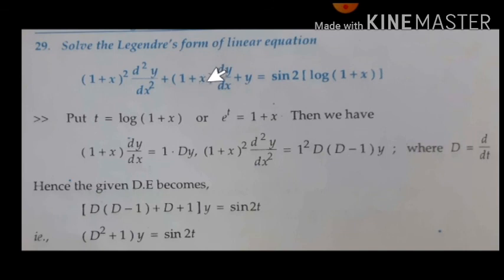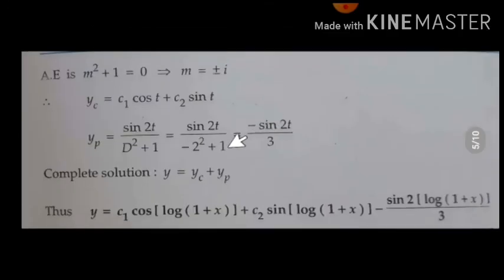So I resubstitute: wherever t is there as log of 1 plus x, that is, e to the power of t is 1 plus x. So c1 cos of log of 1 plus x, plus c2 sin of log of 1 plus x, minus sin of 2 into log of 1 plus x divided by 3. This is the solution of the differential equation of Legendre form.